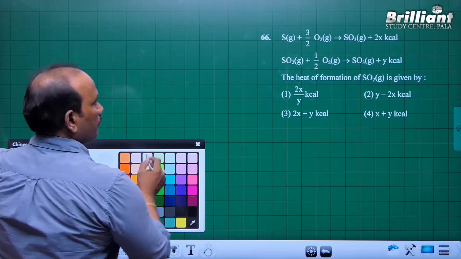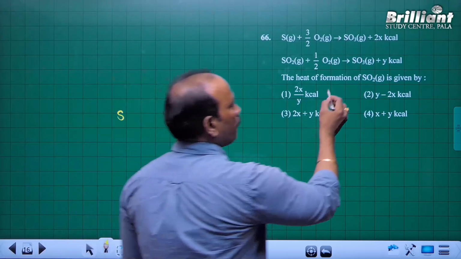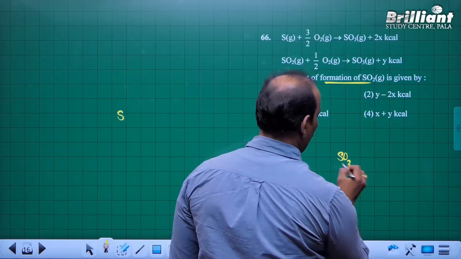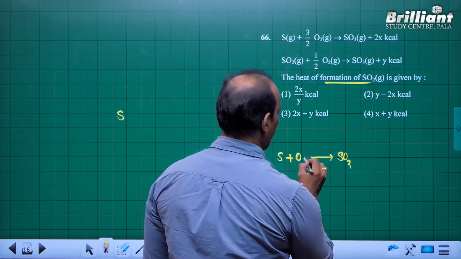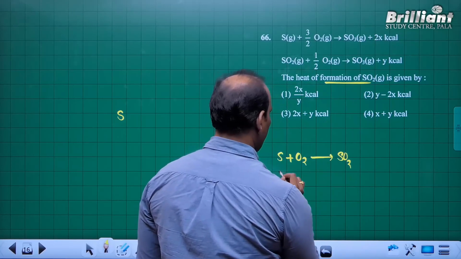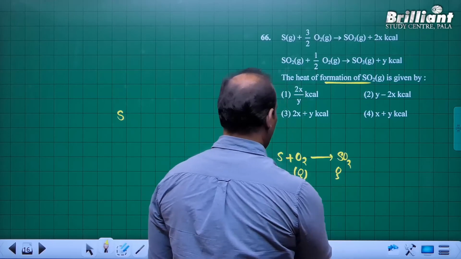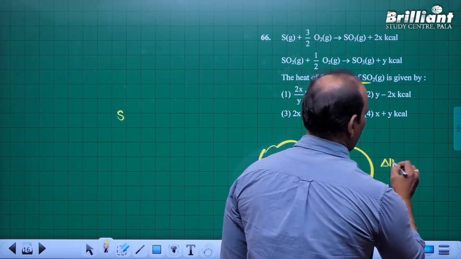The next one. What is given? Yes. Heat of formation of SO2 is required. SO2 gives rise to S plus O2 is the required equation. S is a solid, O2 is the gas. This is the required equation. What is the delta H value?